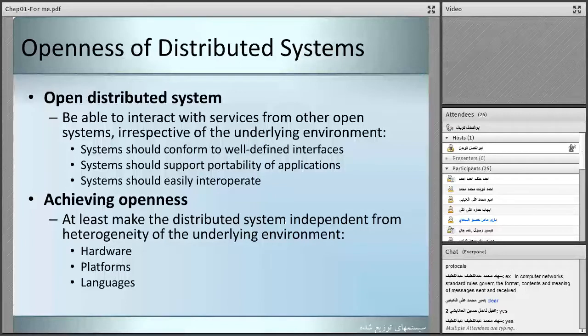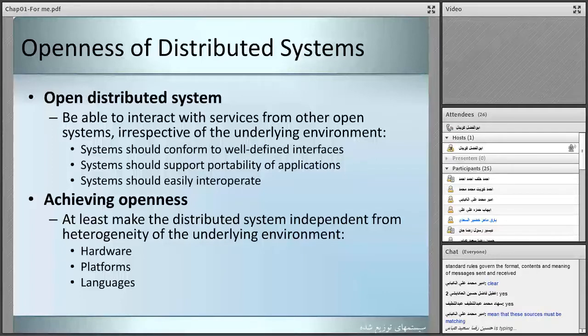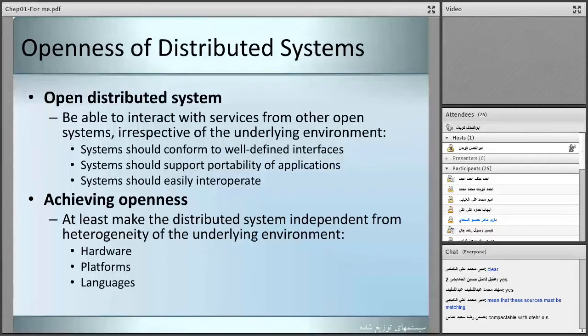If a system is flexible, then adding new resources would be easy to this system. Openness. I think we talked about adding resources. And what are resources? Hardware, platform, languages, and anything else. Yes, compatible with other operating systems.